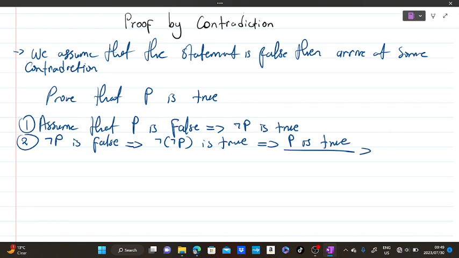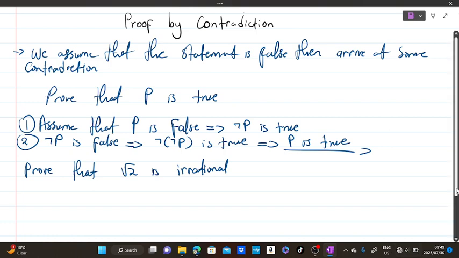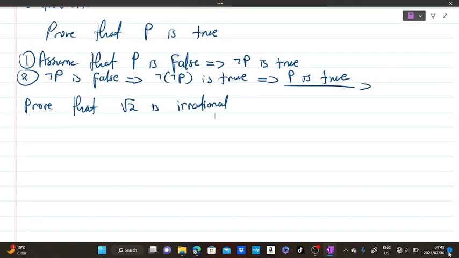So let's do a practical example. Let's say we need to prove that root 2 is irrational. The first thing that we need to do is to assume, or negate, this statement.